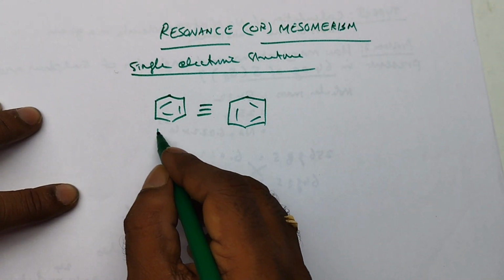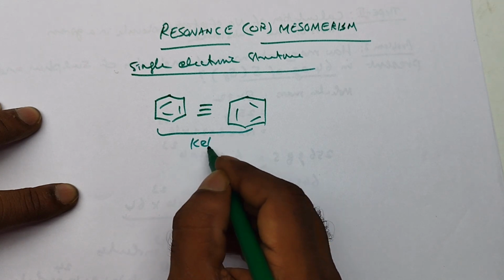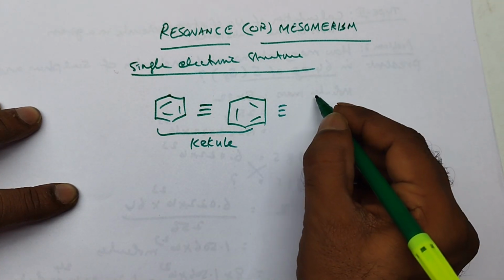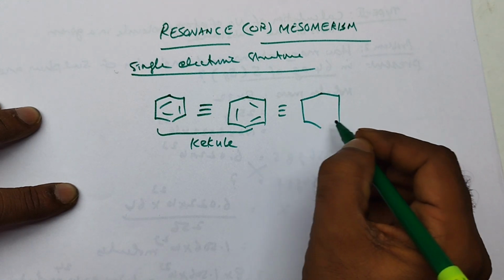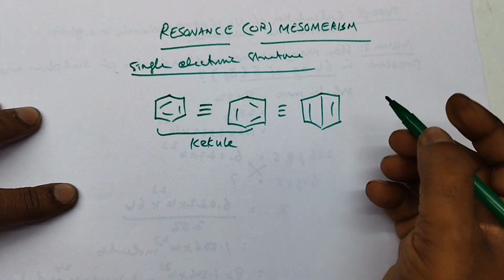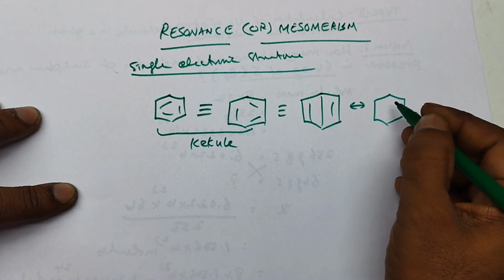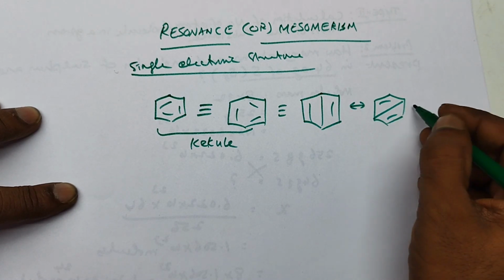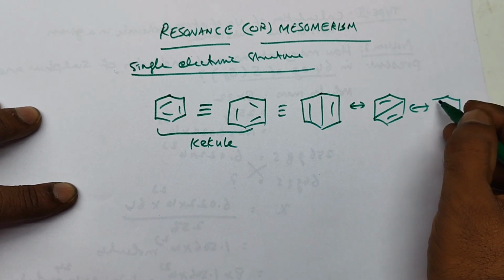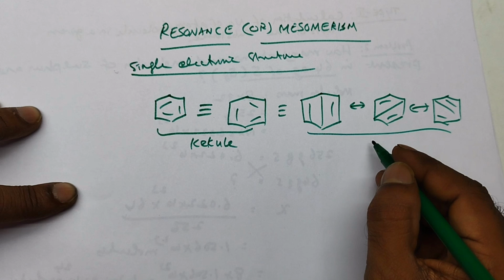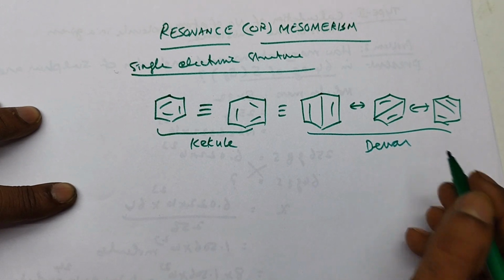These two structures were proposed by the scientist Kekulé. Similarly, the other structures of benzene also exist. These three structures were proposed by the scientist Dewar.